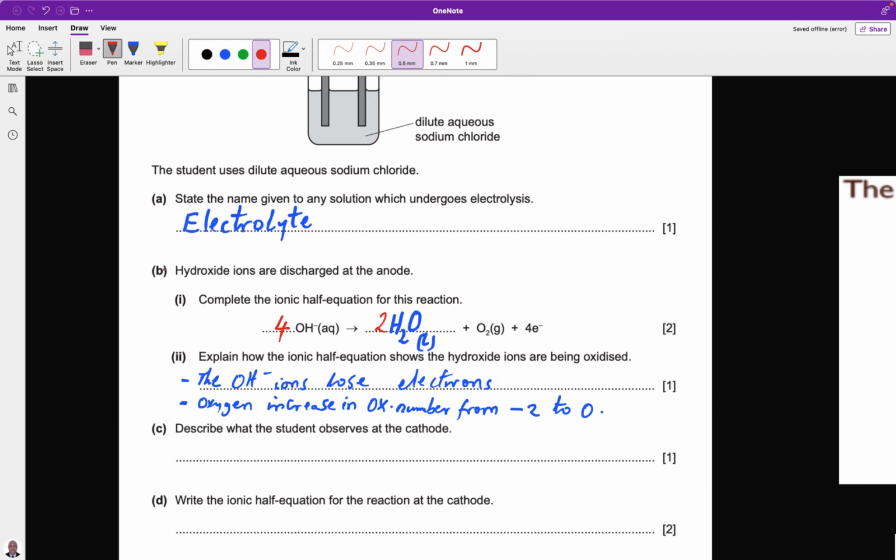Here, the C part will describe what the student observed at the cathode. At the cathode, there is effervescence.